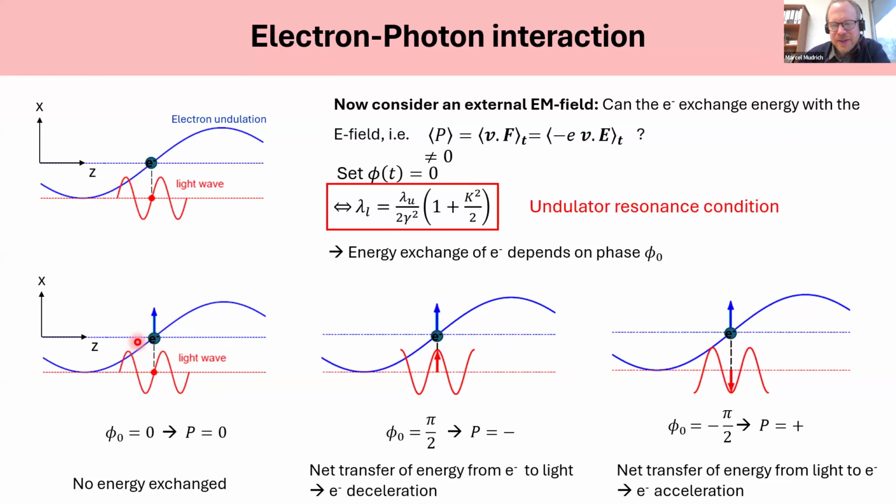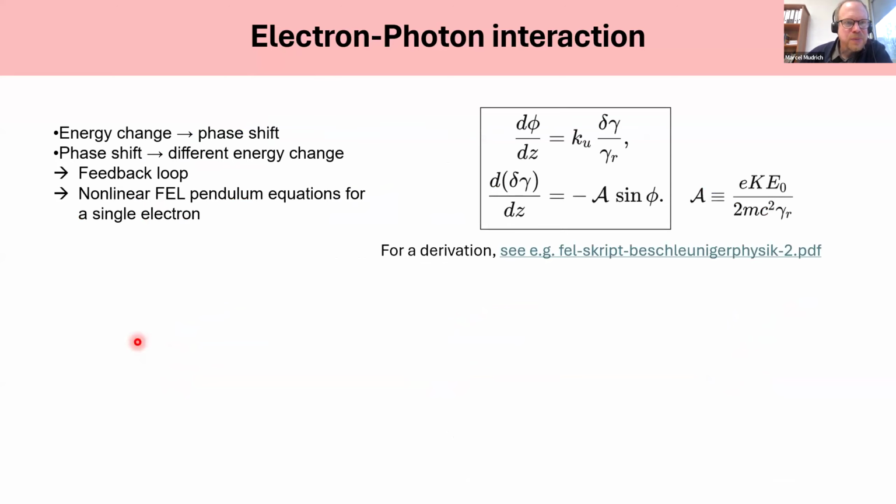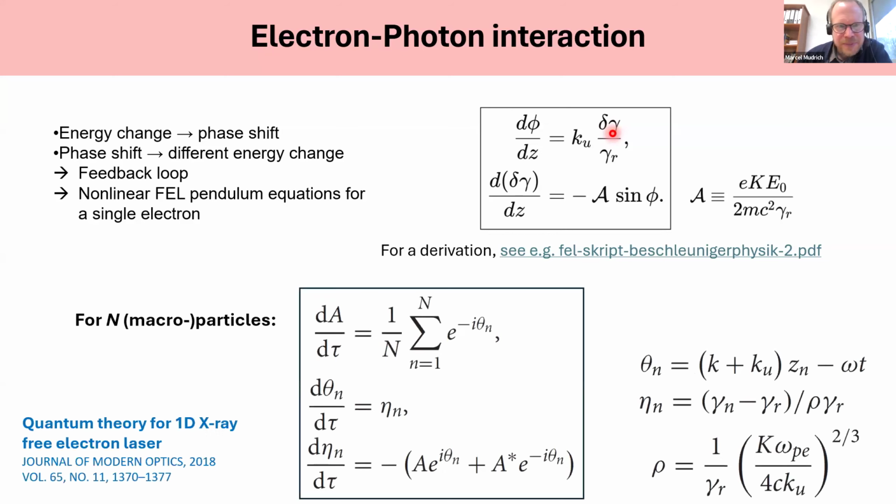So in either case, there is this back coupling and this interplay between energy taken from the light field and then shifting the electrons away from the fixed point. So for this we can set up what is called the FEL pendulum system of equations. This is a model that applies to a single electron that couples to the electromagnetic field.